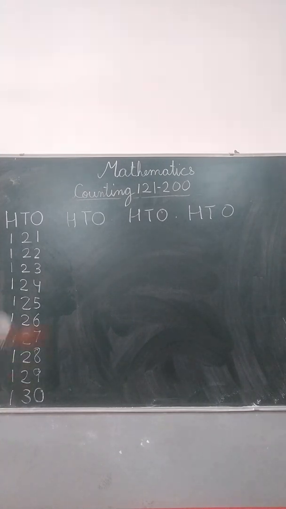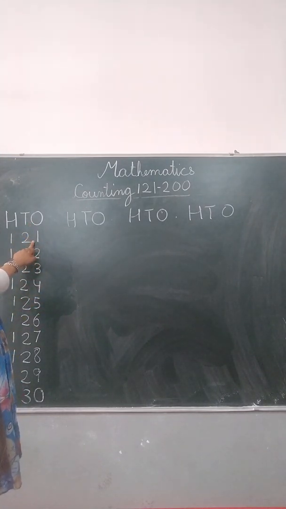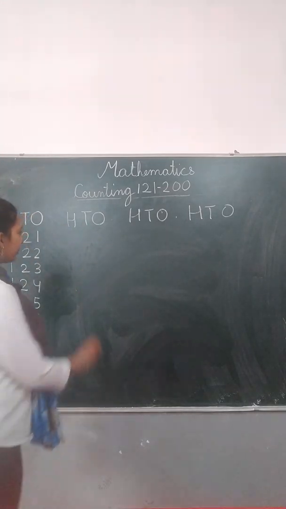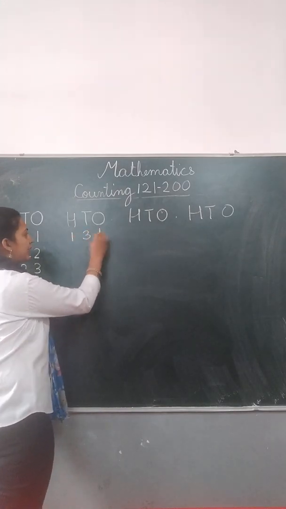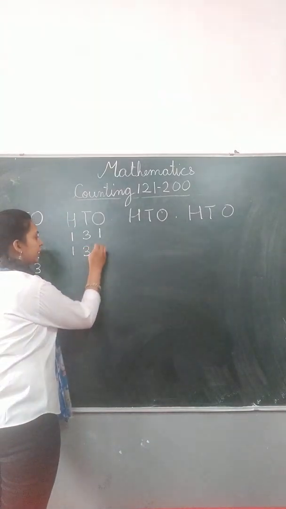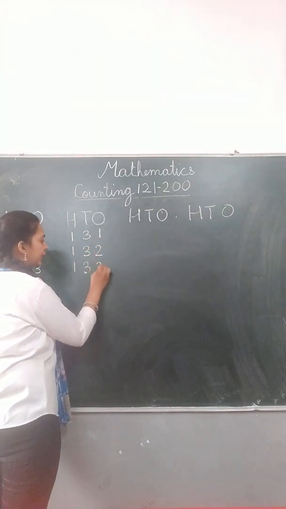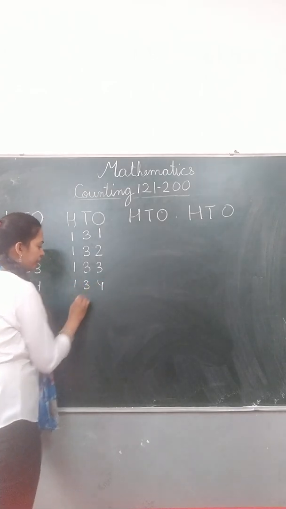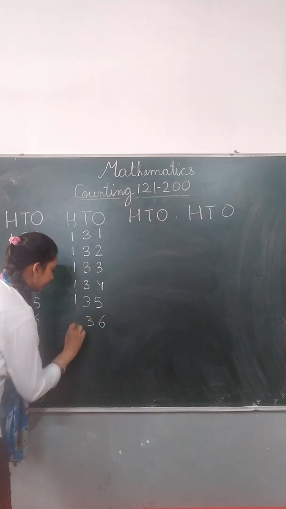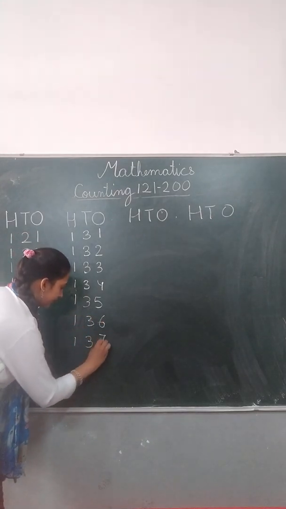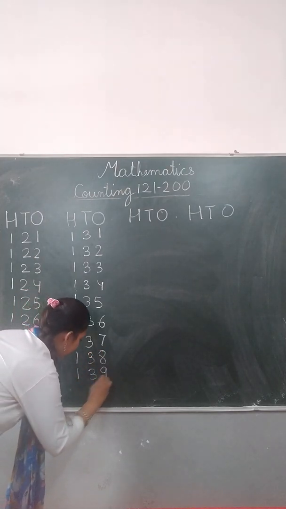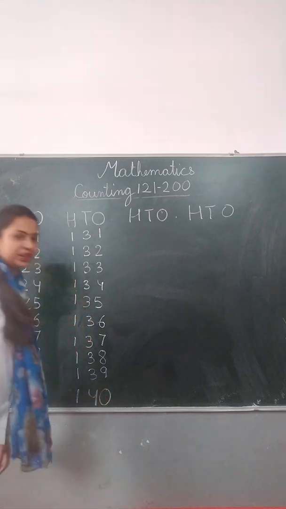Why so? Because in this line my ones place value was 1. Again I want my 131 to reach the next box. So I am starting over here with 131, a new line, a fresh starting: 132, 133, 134, 135, 136, 137, 138, 139 and the last one, 140.